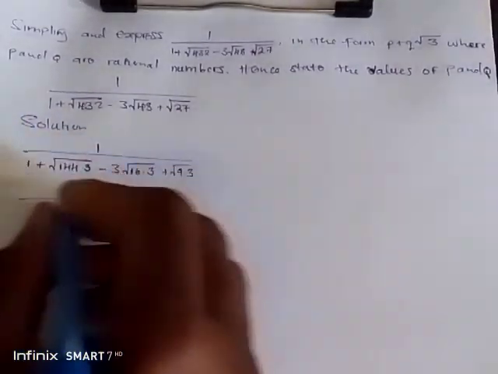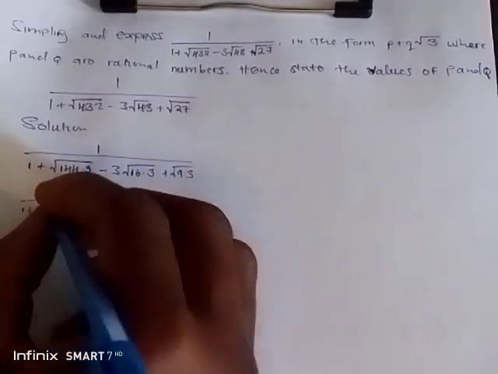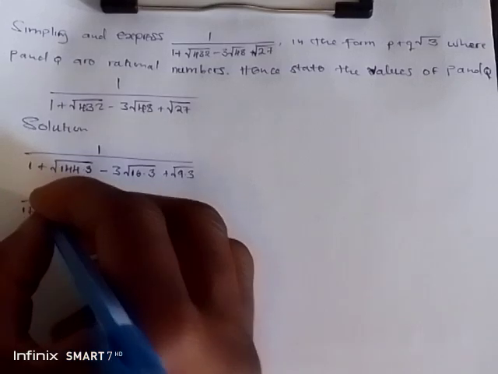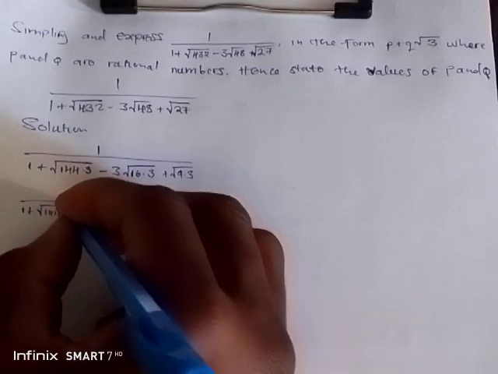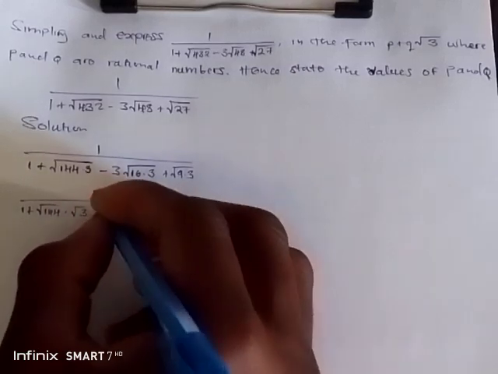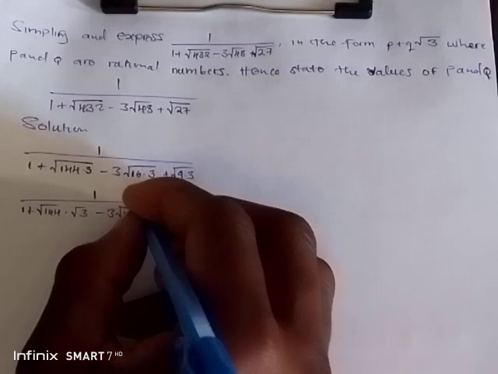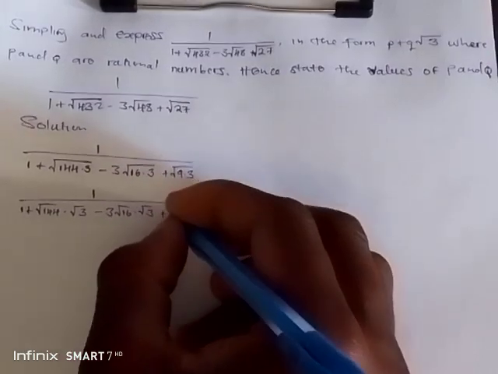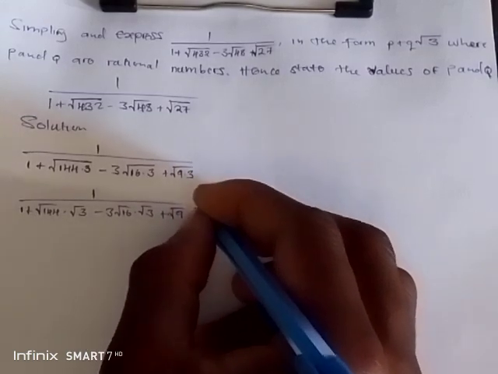So we come again, we say 1 over. We can now separate these terms here. We are going to say 1 plus root of 144 multiplying root 3 minus 3 root 16 multiplying root 3 plus root 9 multiplying root 3.